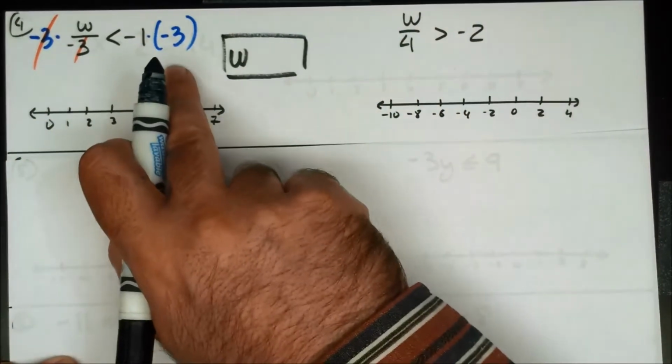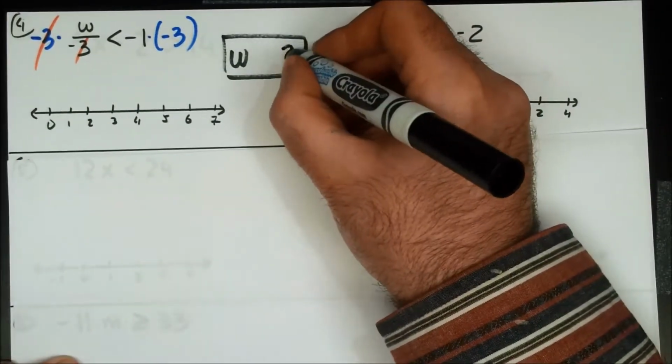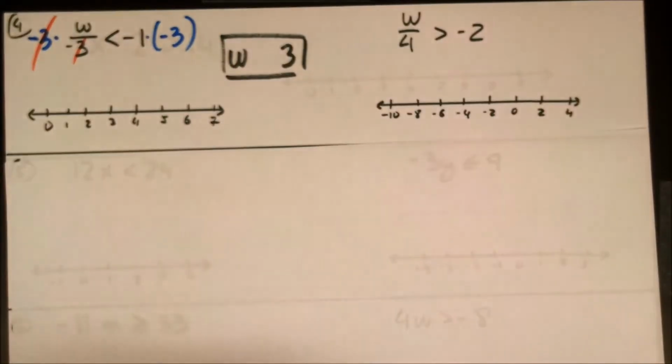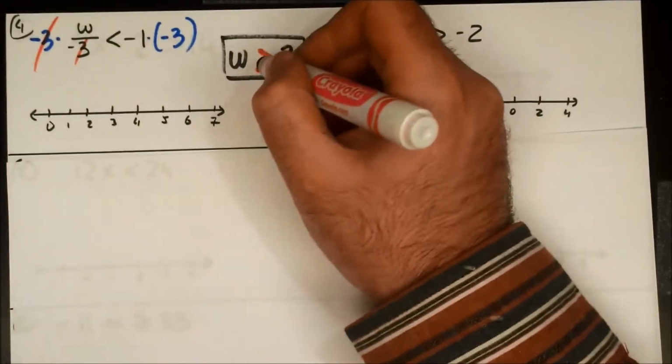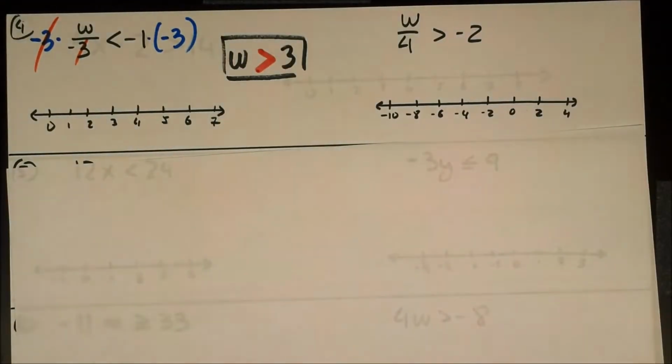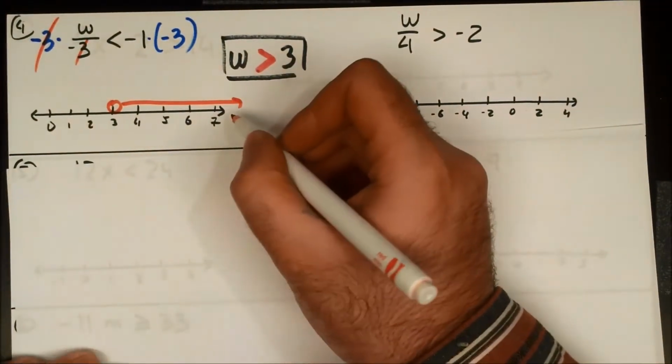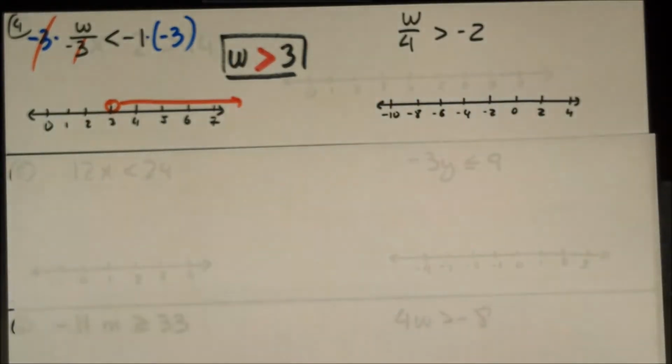Negative 1 times negative 3 is just a 3. It's a positive 3. And my symbol has to flip, which means instead of pointing its sharp end at the variable, it's now going to point its mouth, or the large end, or the blunt end, whatever makes it work for you. All right. Open circle, heading right at 3. That's the first part of 4.